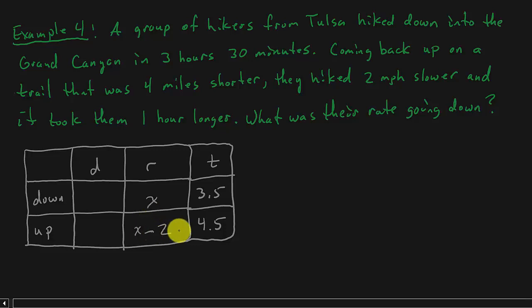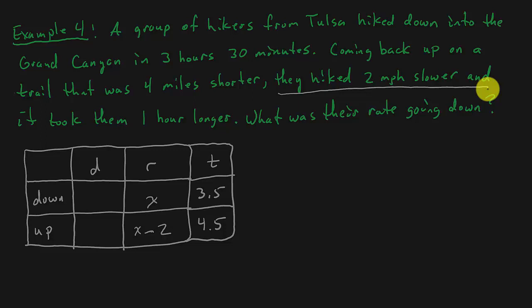X minus 2, right? They hiked 2 miles per hour slower. You see that? 2 miles per hour slower.